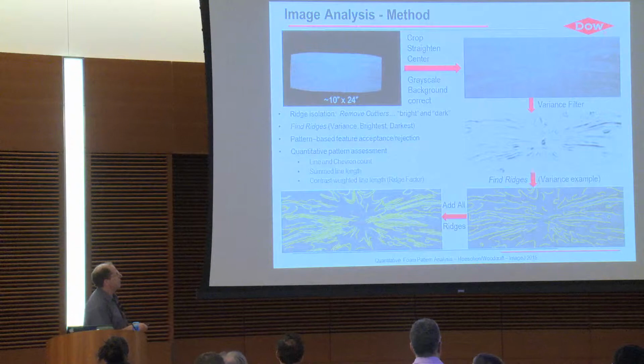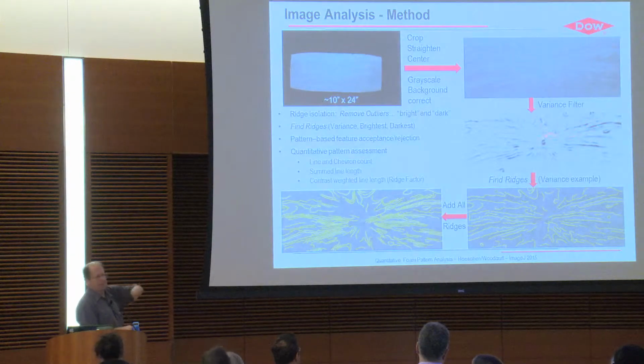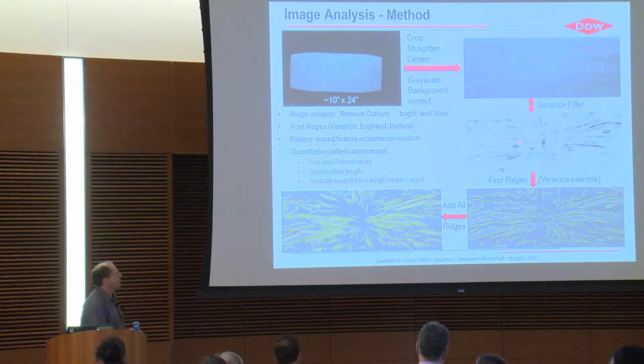That's the example I showed here because it illustrates it the best. We take our ridge image, and it's not actually this image, it's this image that's been converted, it's had this run against it. We create this variance filter, and this is essentially the slopes between the bright and the dark regions.